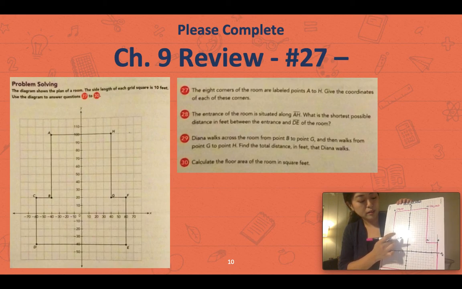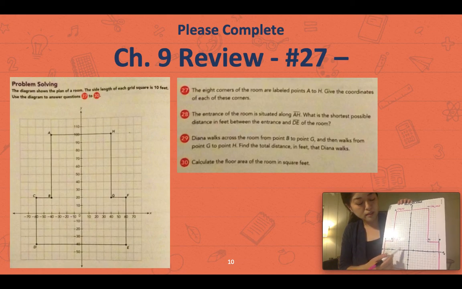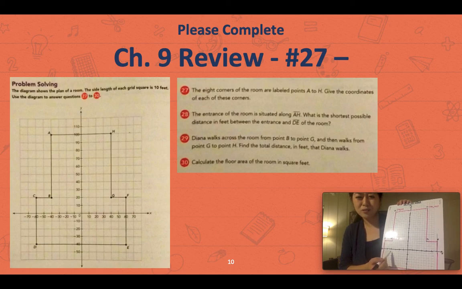Okay, so let's see. 10, 20, 30, 40. Is it positive 40 or negative 40? It's negative 40, right? Why? How do we know it's negative 40 and not positive 40? Yeah, it's left of the origin. Okay, so it's negative 40.